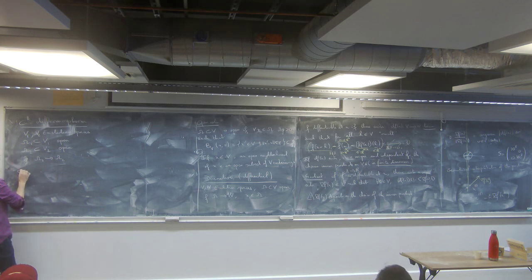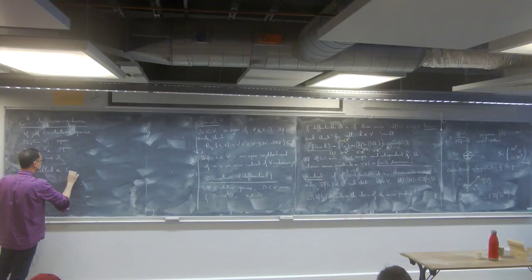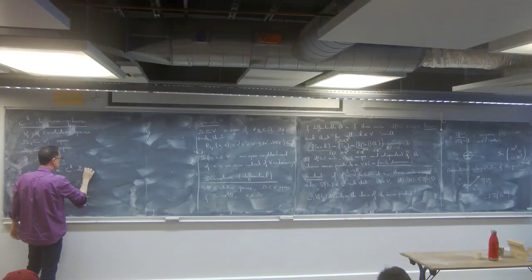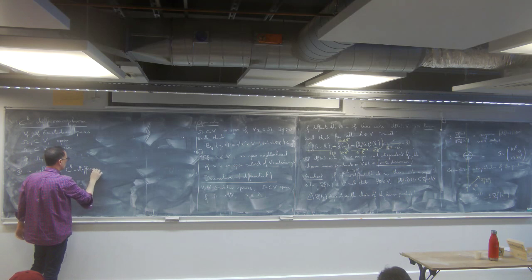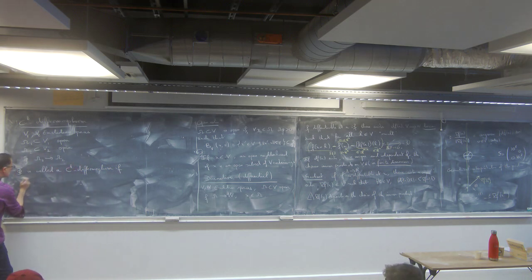So phi is called a C^k diffeomorphism if, first, phi is invertible.